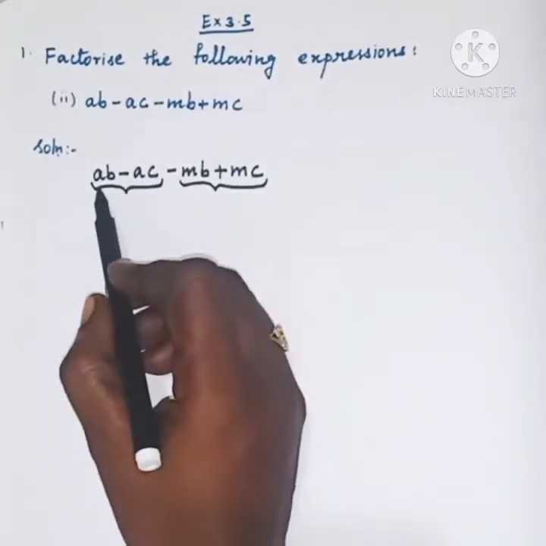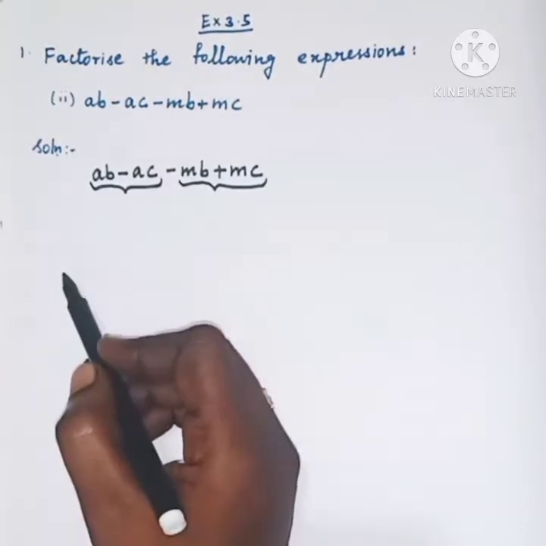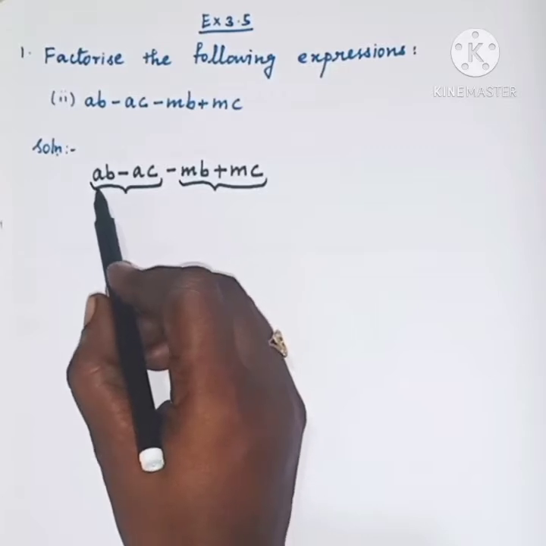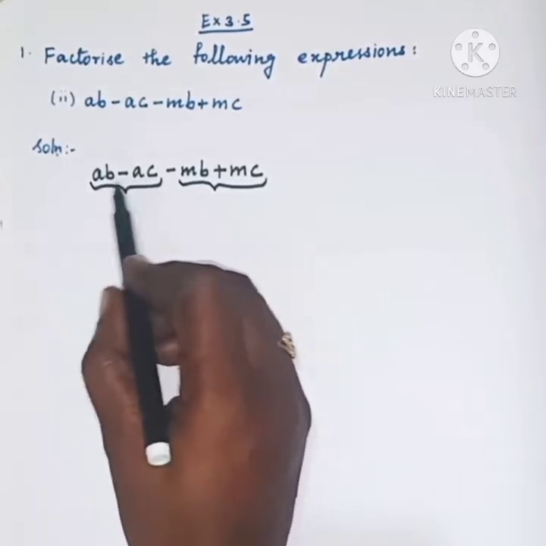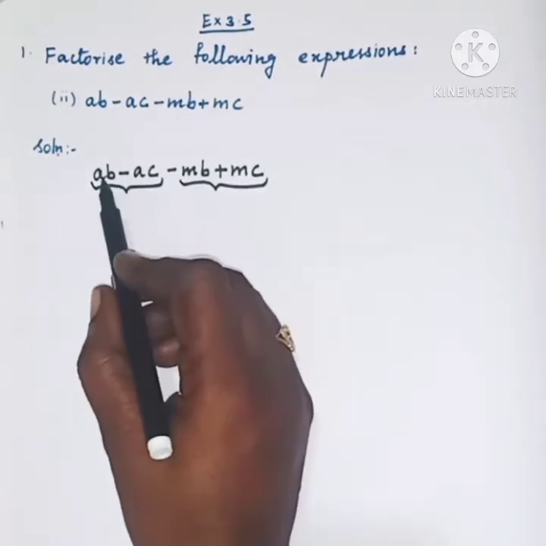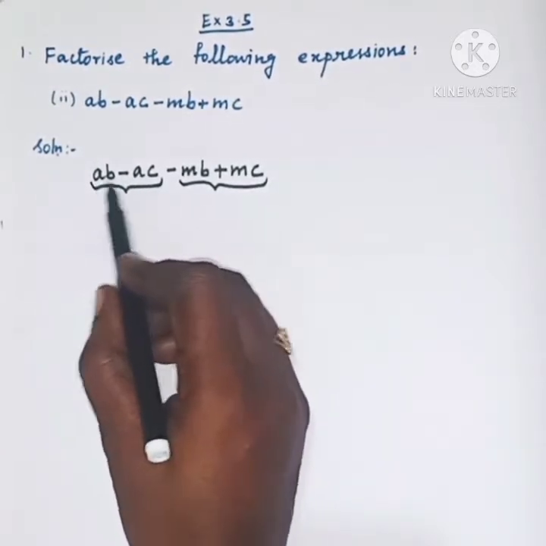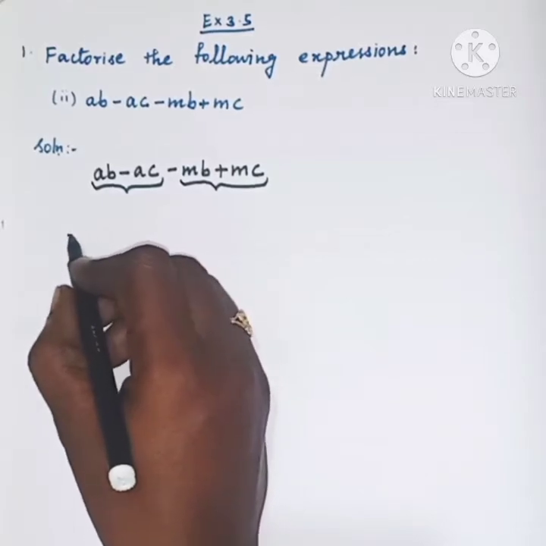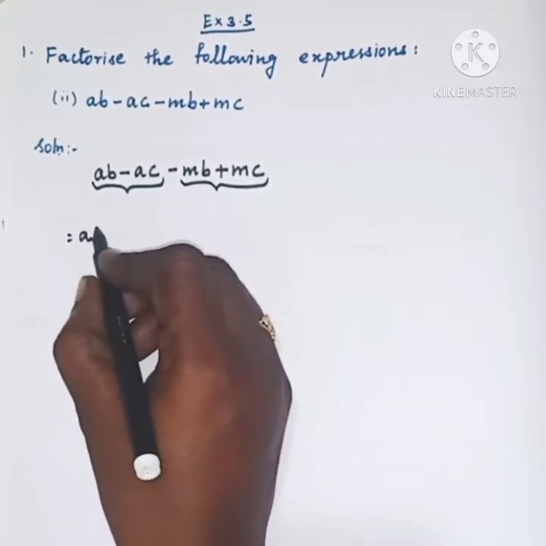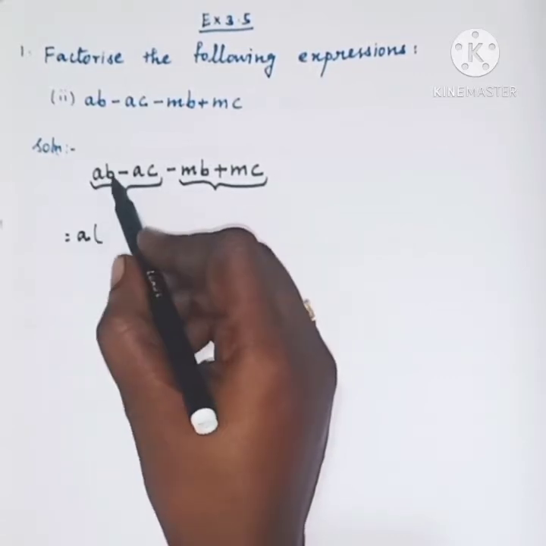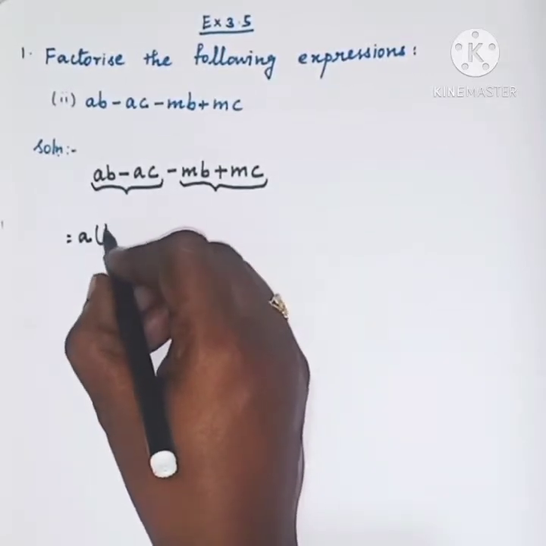Now take the first two terms. In the first two terms, which is the common variable we have? The common variable here is a. A is the common variable of the first two terms. So take that a outside. From the first term, we took a outside, so the remaining variable is b.